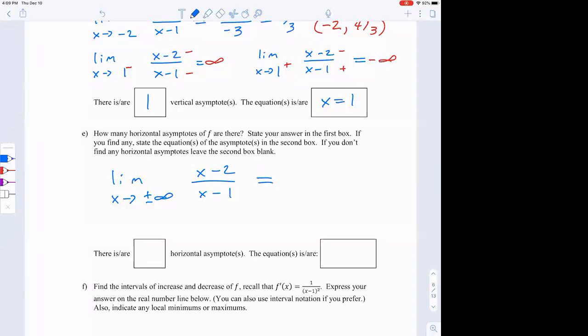And from here, we just need to look at the coefficient on the largest power of x, which is quite straightforward. It's just 1. So I get 1 over 1, so my final answer is 1. So there's one horizontal asymptote, and the equation of this horizontal asymptote is y equal to 1.